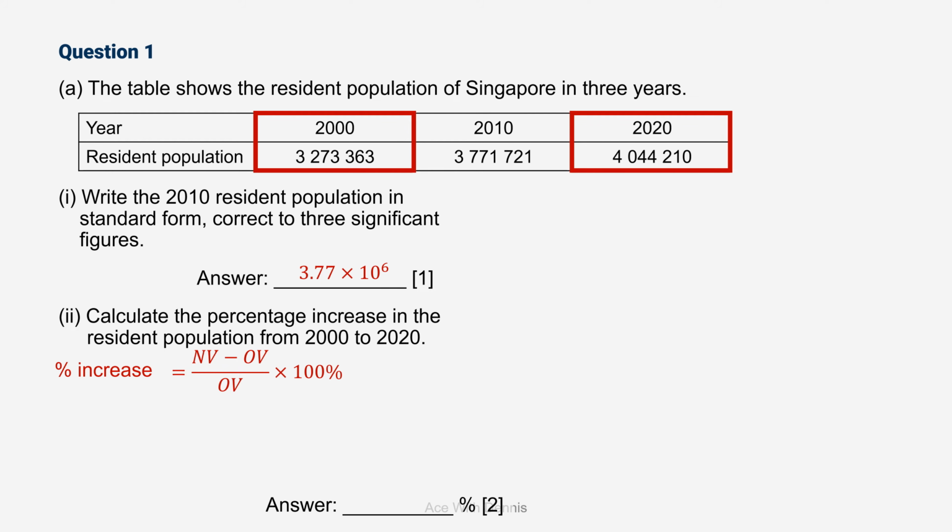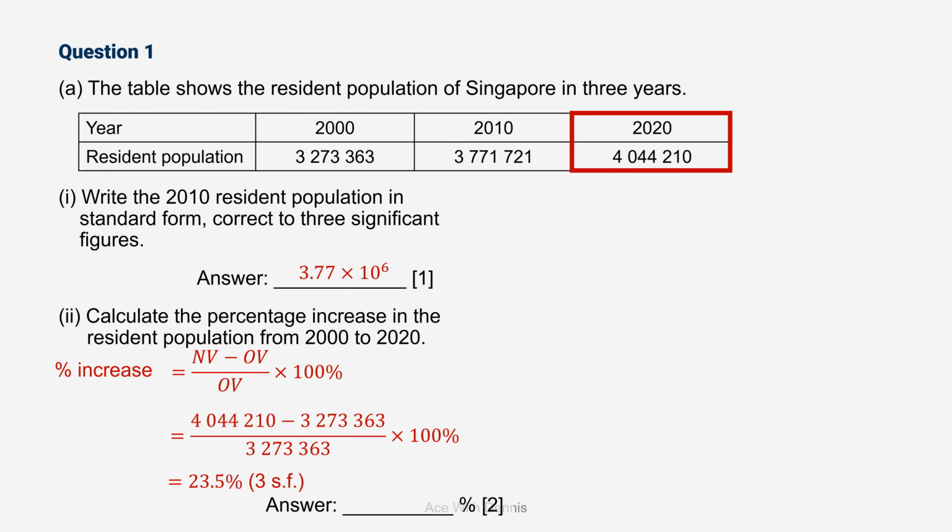So the new value will be the resident population in the year 2020 and the original value will be the resident population in the year of 2000. Hence, substitute the value into this formula and we calculate, we'll get 23.5% to 3 significant figures.